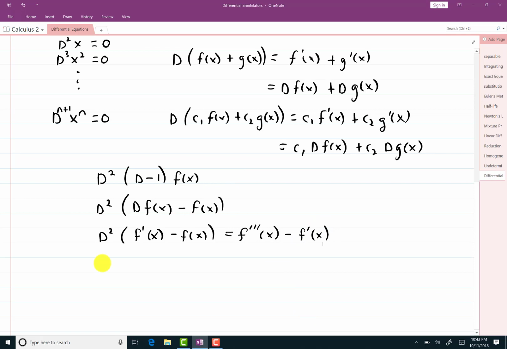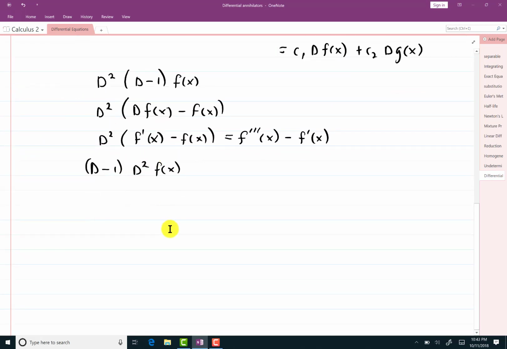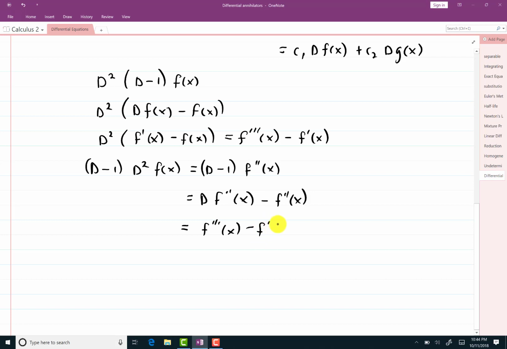Now, had I decided to do this in the opposite order, then doing the D squared first would have given me D minus 1 of f double prime of x. And then when I apply this D minus 1, like I said, it's like you distribute. You'll do D f double prime x minus f double prime of x. That'll equal f triple prime of x minus f double prime of x.